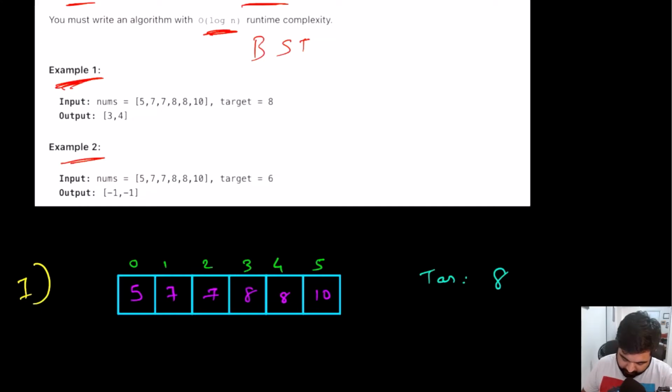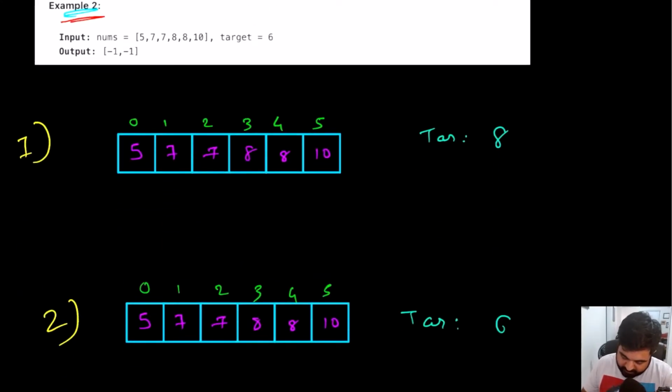So over here, I have taken these two examples and enlarged them. This is the input array we are given. We can clearly see that all the elements inside the input array are sorted in ascending order. We are also given the target value to be 8. Now in this case, we need to return the first and last position of 8 that is present inside this given input array.